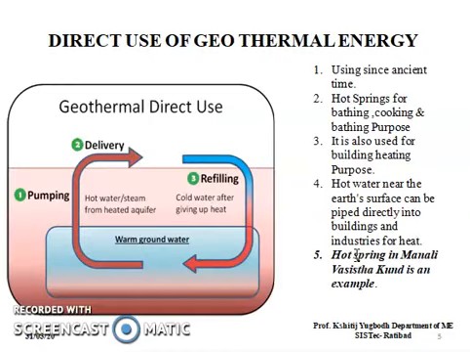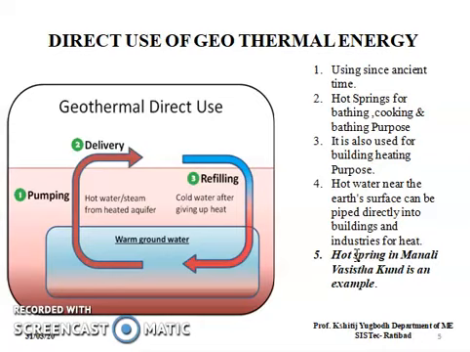So we are discussing the first method of using geothermal energy, and that is direct use of geothermal energy. This type of usage of geothermal we have been using since ancient times. Hot springs are used for bathing, cooking purposes, and also for building heating.